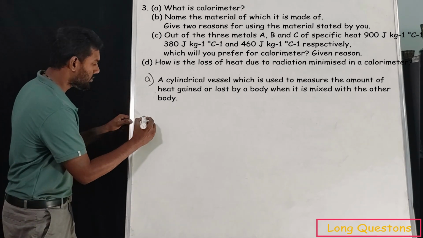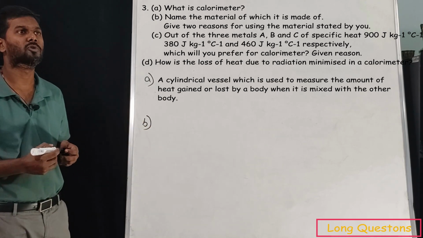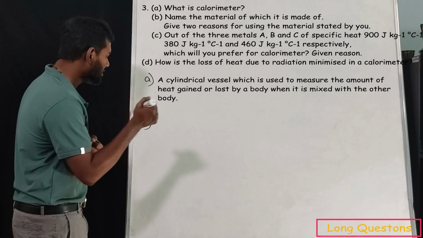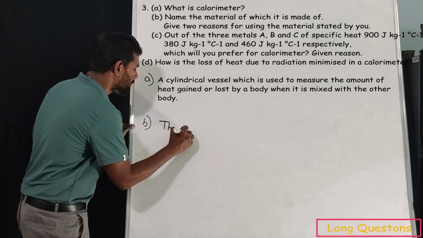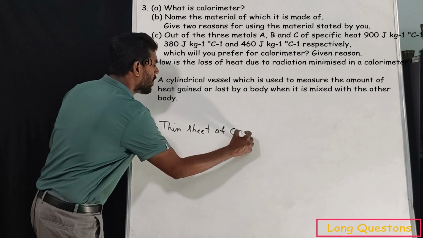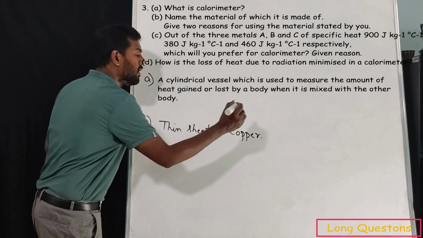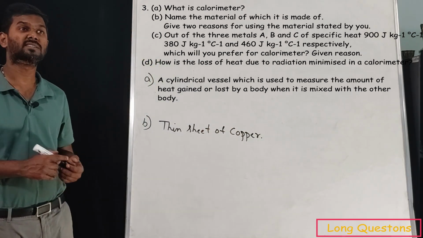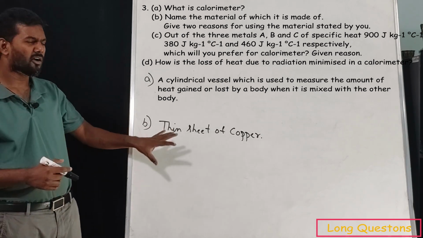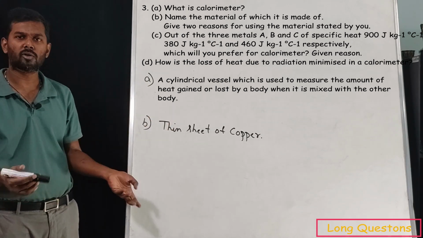Next, we have few sub questions. Name the material of which it is made up of. Very simple, it is made up of thin sheet of copper. Okay, and they are asking two reasons for using the material stated by you. Why we have to use thin sheet of copper only?